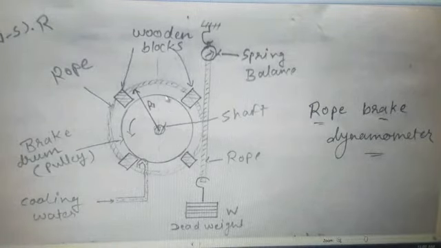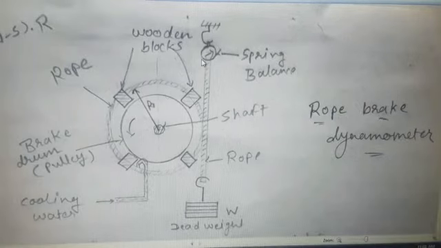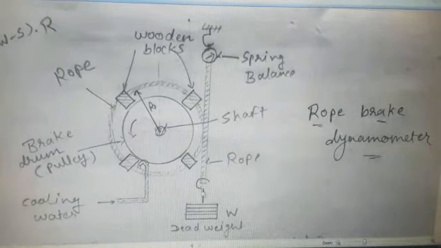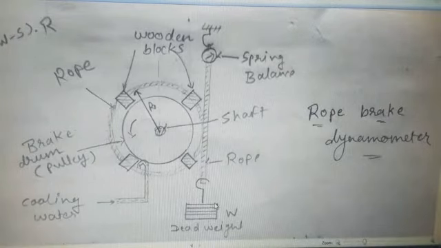Once the brake drum has stopped, we get the reading on the spring balance. We can take the reading of the spring balance, and on the lower side we know the weight which we have attached.